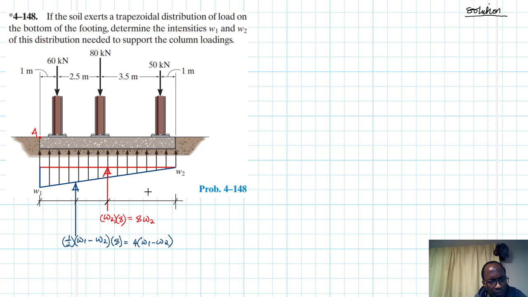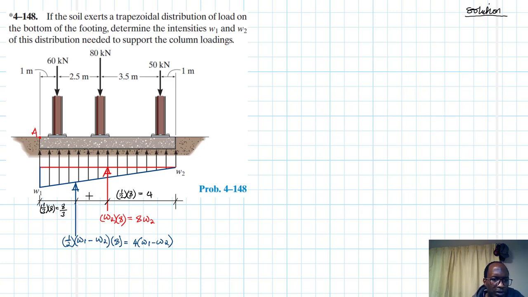Then these particular distances. Let's start with the rectangular. It's just half of 8, which is equal to 4. And then for the triangular, this is going to be equal to 1/3 of 8, which is 8 over 3.